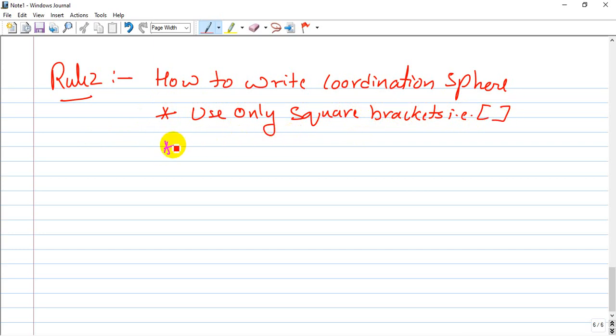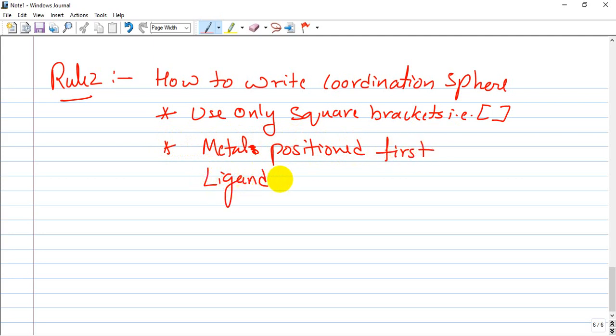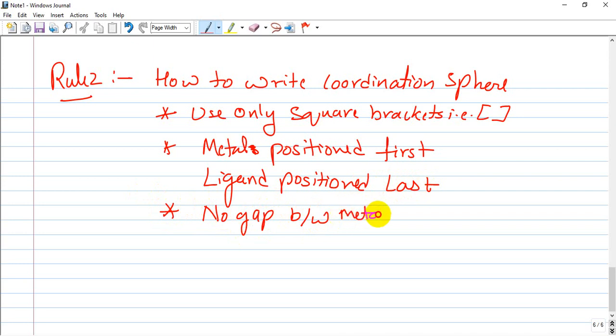Second point: metal is positioned first and ligand is positioned last. Third point: no gap between metal and ligands.